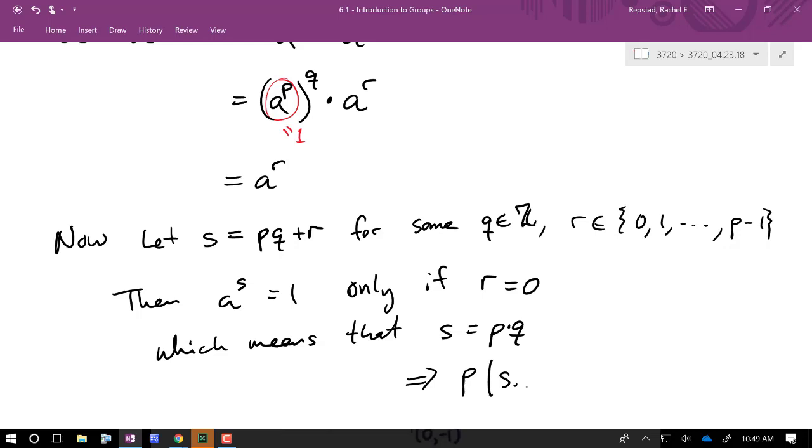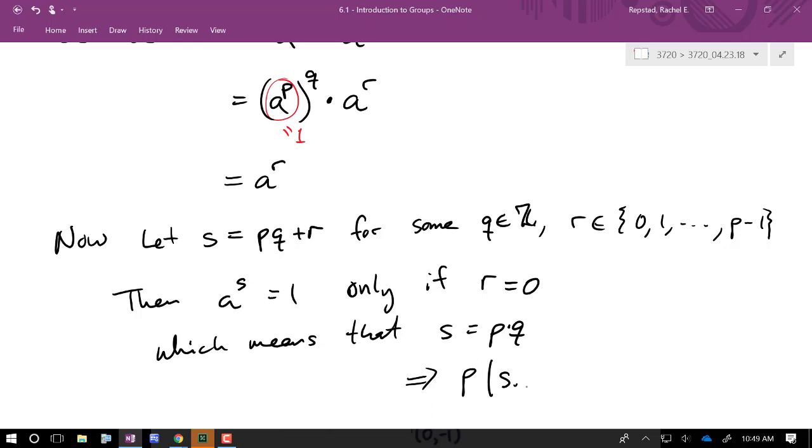This now gives us two notions of what we mean when we say the order of something. The order of an entire group is just how many elements it has. The order of an element, like a single element, though, is just the smallest power that I can raise it to get to the identity. And what we know is that there will be some smallest power I could raise an element to get to the identity.